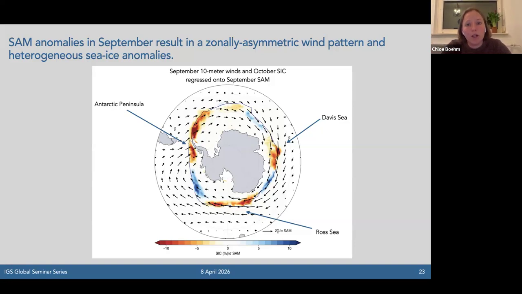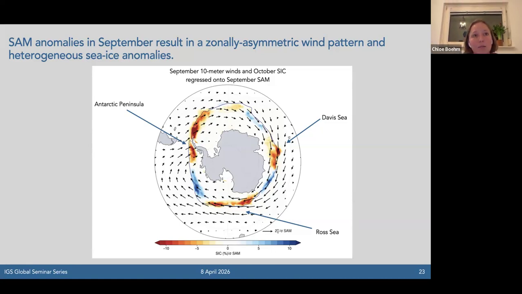But there are definitely a few areas where those vectors are more zonally asymmetric, where it diverges from this pattern, and I've pointed them out here. In those couple of regions, we see that the arrows are a little bit more pointed towards the continent. And those same areas are where we actually see negative sea ice anomalies associated with the September SAM. The red here is negative sea ice anomalies.